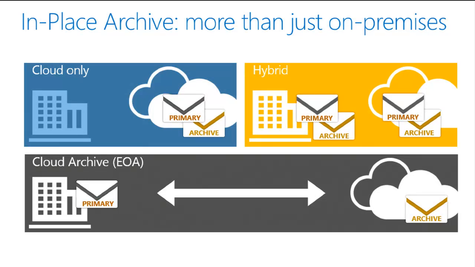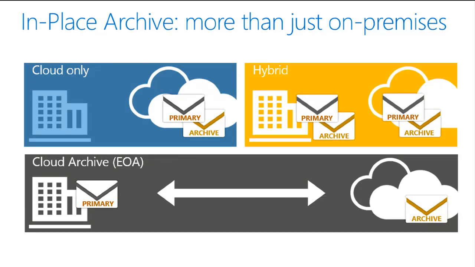The reason is because you asked us, hey, I want expensive SAN storage for my primary because it's faster, more performance, right? But for the archive, I don't care so much. I want to deploy it on less expensive drives and storage, right? So now you can move your archive to another database on the same server or another server.